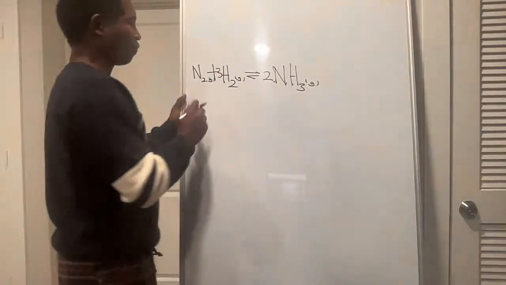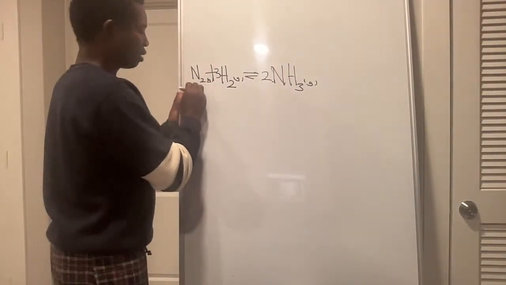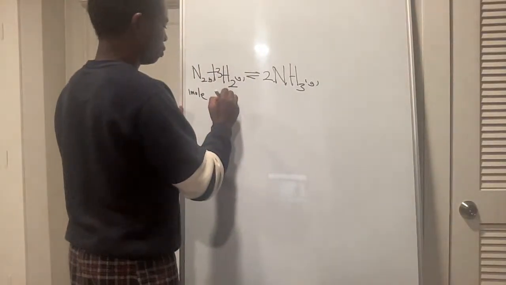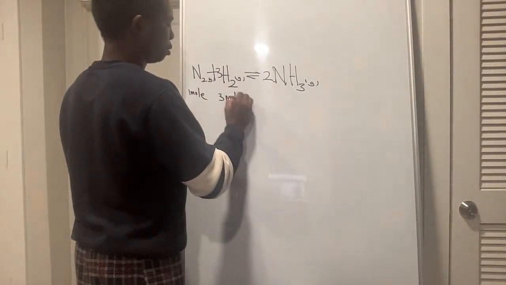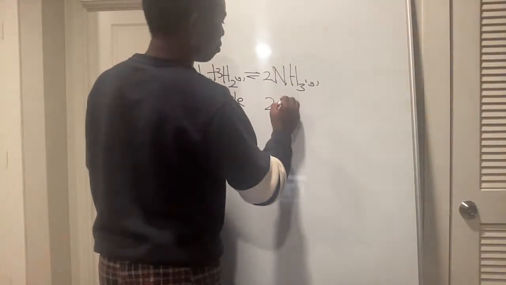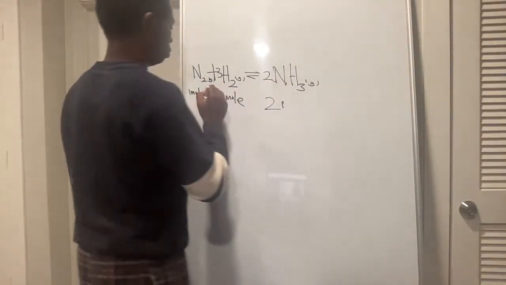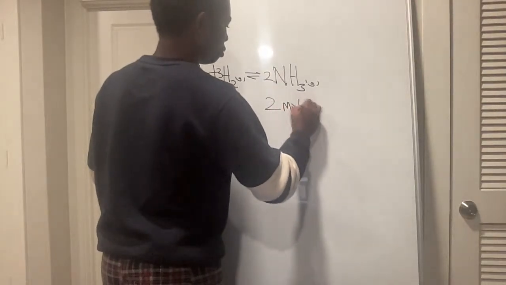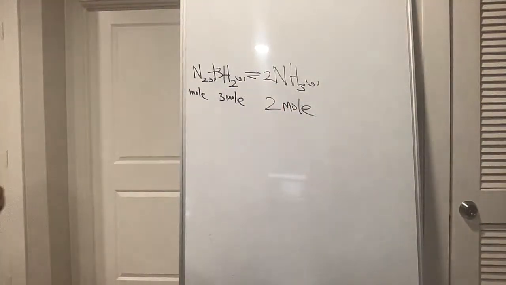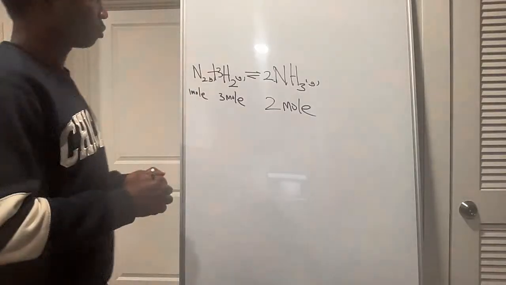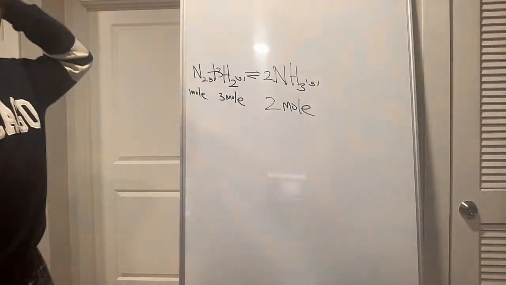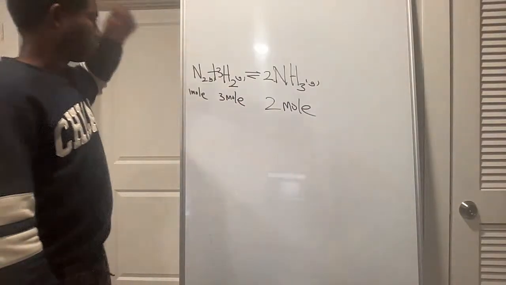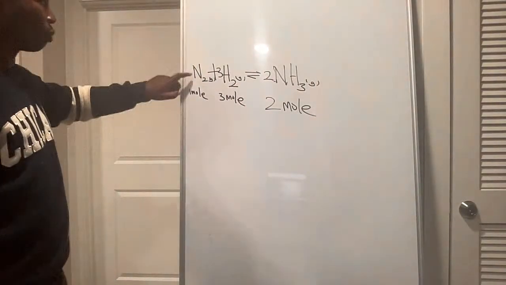So automatically we have 1 of nitrogen combined with 3 of hydrogen to produce 2 of ammonia.